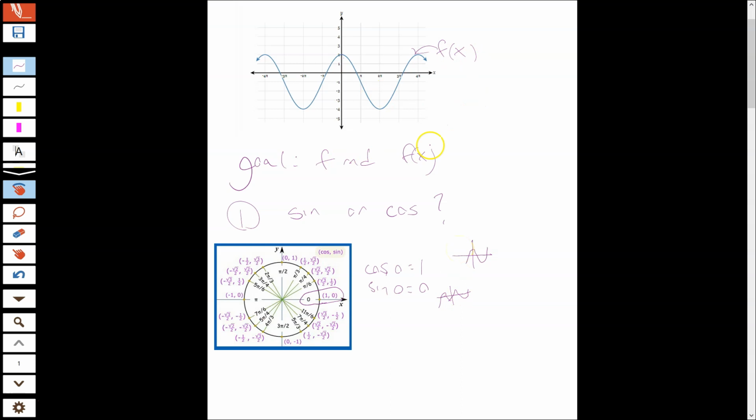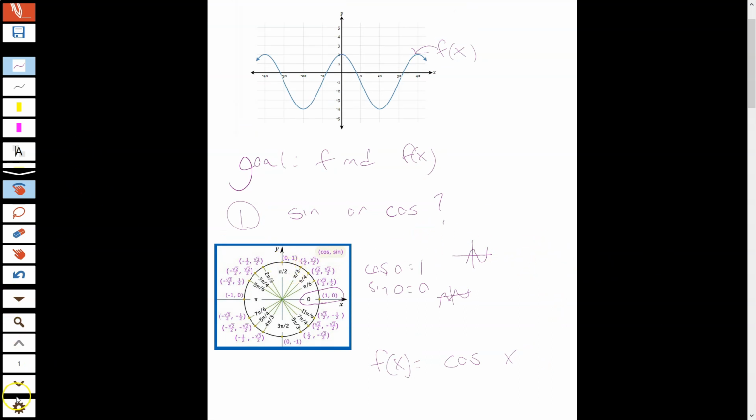So that tells me that my function here is going to be cosine of something x. Maybe plus something, maybe minus something. So that's our first determination we need to make.